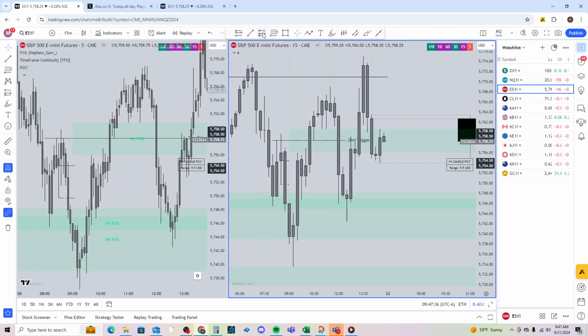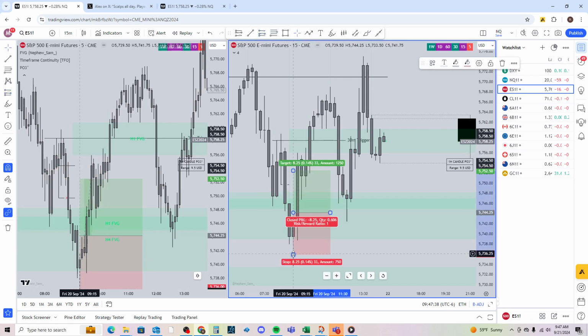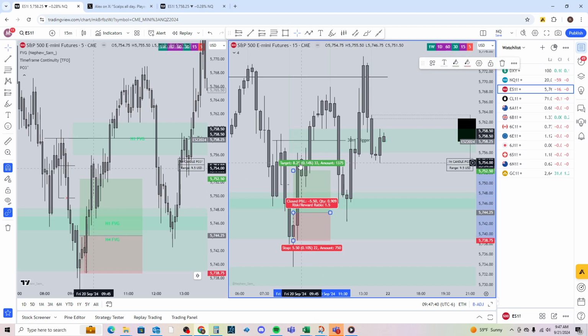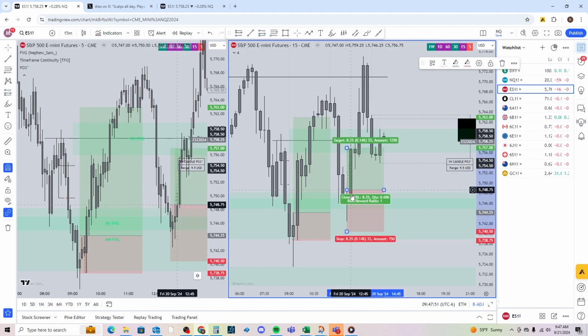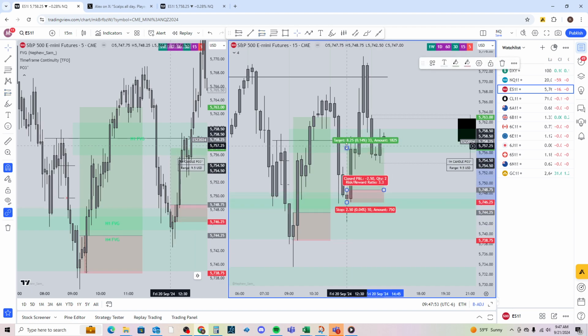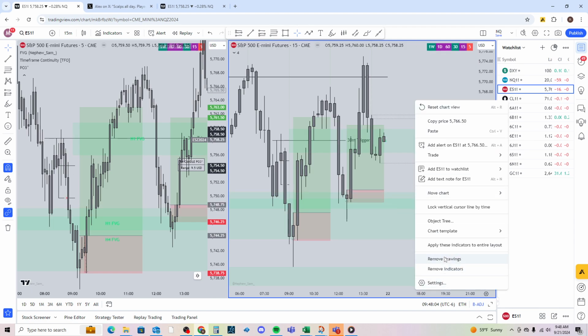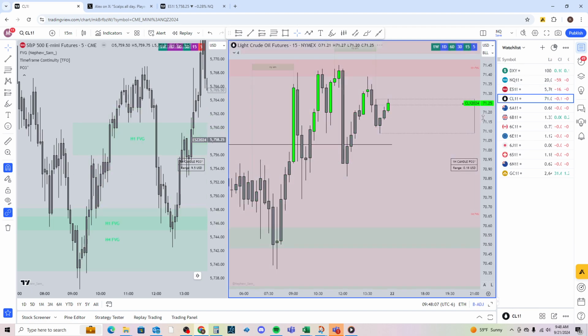But then this one hits for a 3.4 risk reward. Then this one hits for 5. So it's all about letting the winners do the talking, as they say.